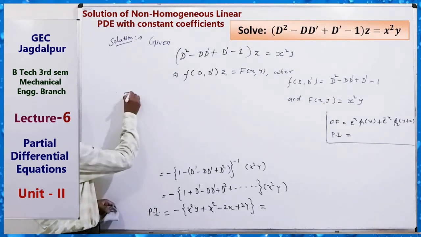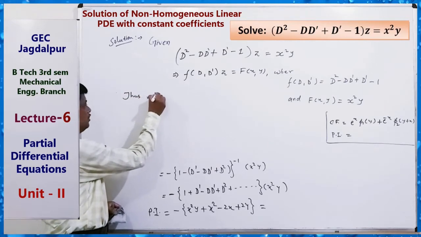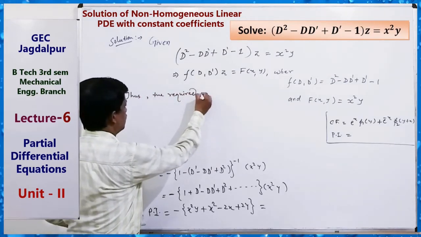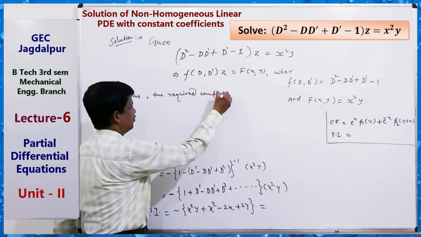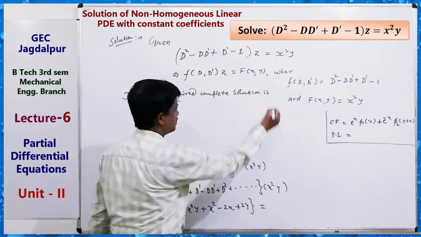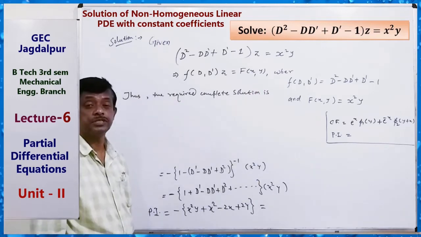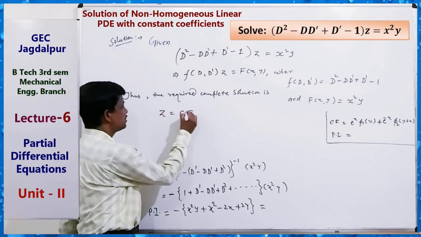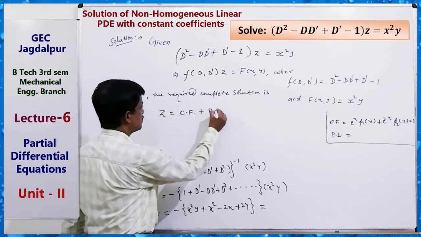Thus the required complete solution is what? Z equals CF plus PI. Z equals CF plus PI.